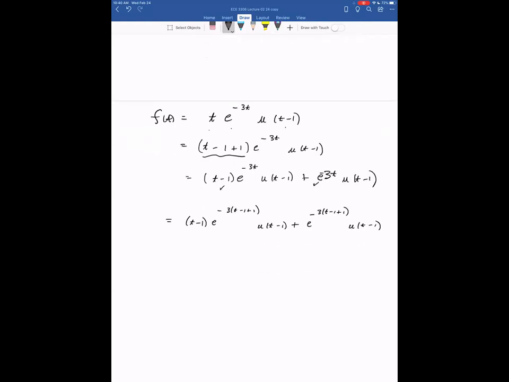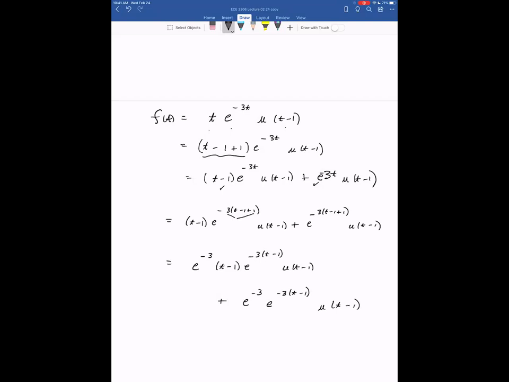Okay, so then let me split up the exponent. So I'm going to pull out the e to the minus 3. So I'll have e to the minus 3 (t minus 1) e to the minus 3 (t minus 1) u of t minus 1, plus e to the minus 3 e to the minus 3 (t minus 1) u of t minus 1.